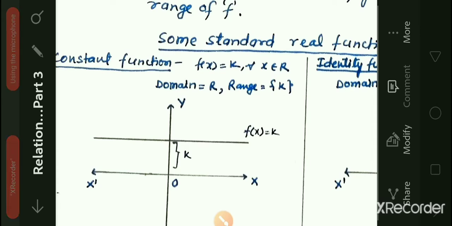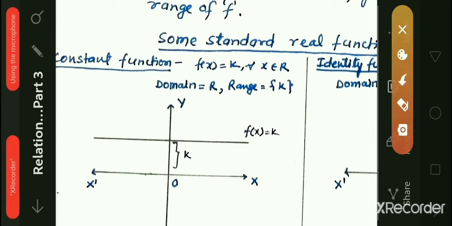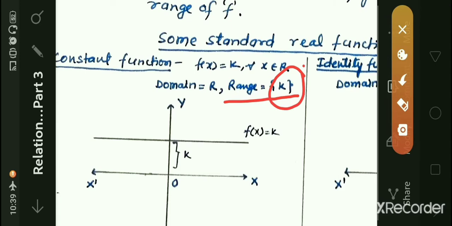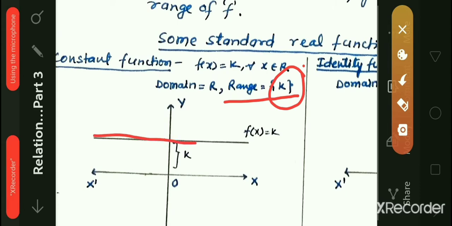Here domain is R, and what will be the range? Range will be the only element, that is k. So, what will be the graph of this function? As it is given here, f(x) = k, and k is a constant. So, it is simply a line parallel to the x-axis.